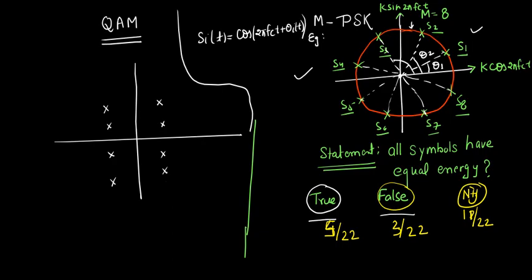As per your information, Abhishek correctly stated that all the symbols are equidistant from the origin, or as they lie on a circle centered at the origin, the distance is the same, and therefore all have equal energy.